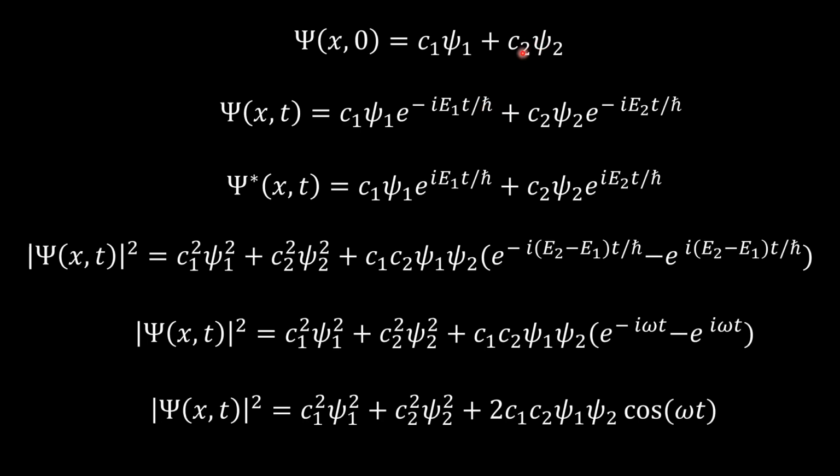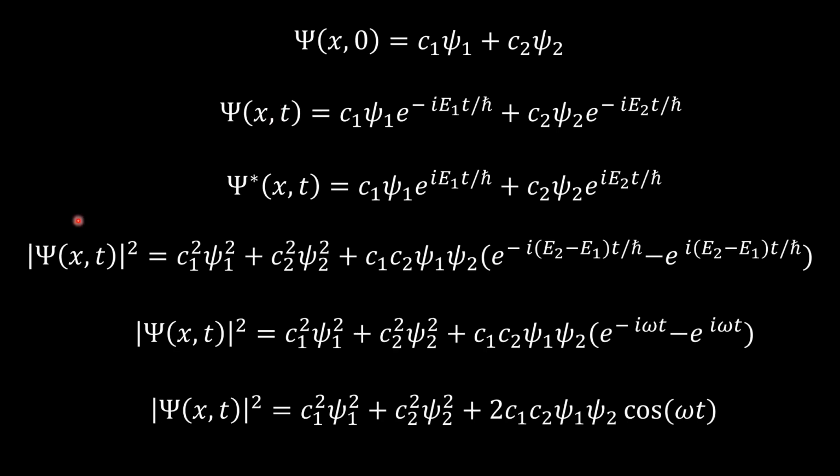Similarly here, c2 psi2 e^(-iE2 t/ħ). If you take psi star, the complex conjugate of this, since c1, c2 are real as given in the problem, this minus i will become plus i. Here also minus i will become plus i.